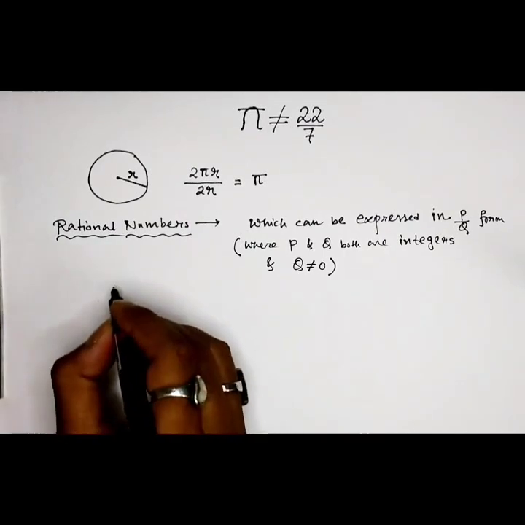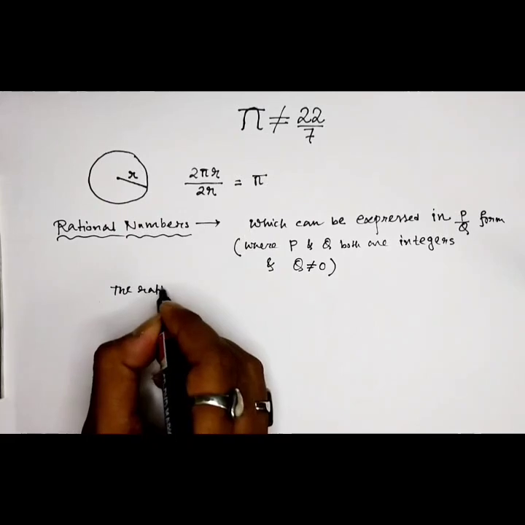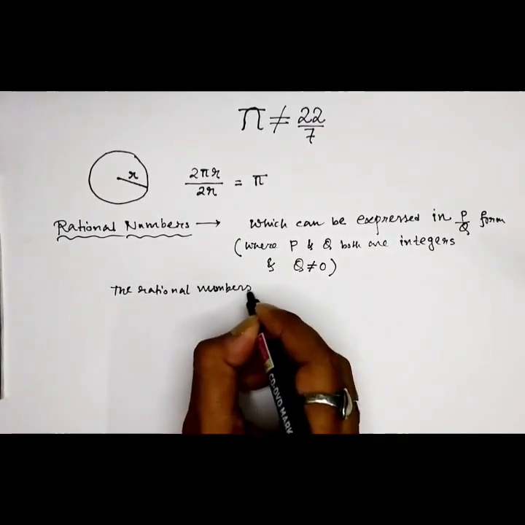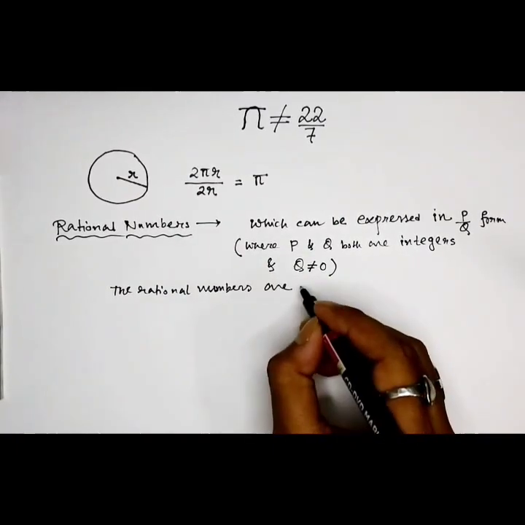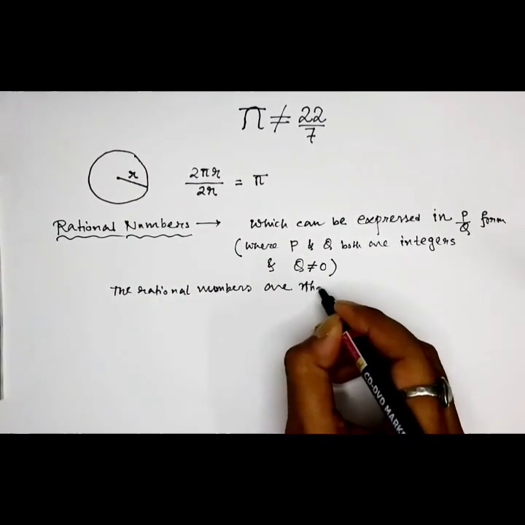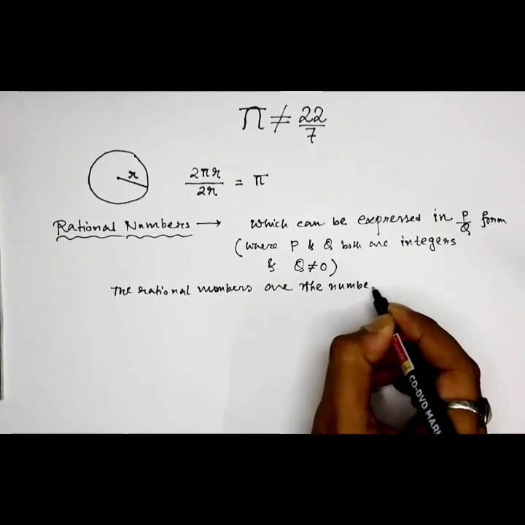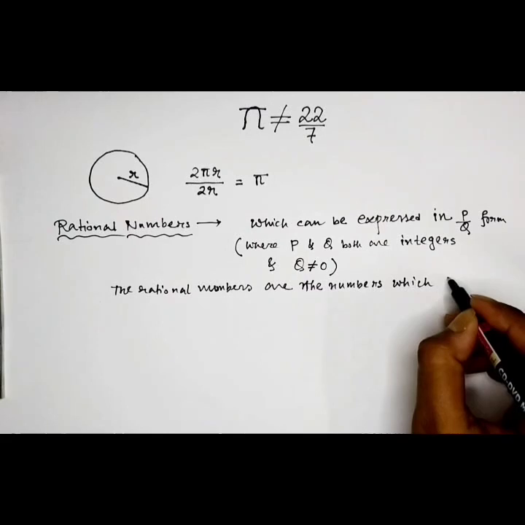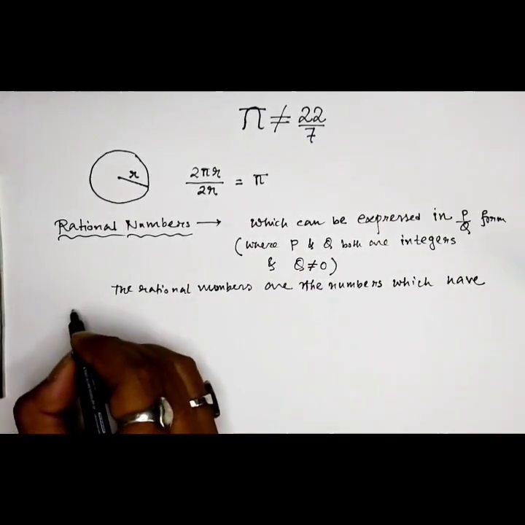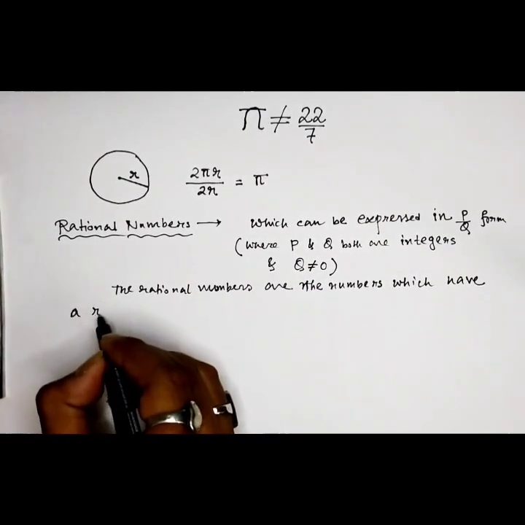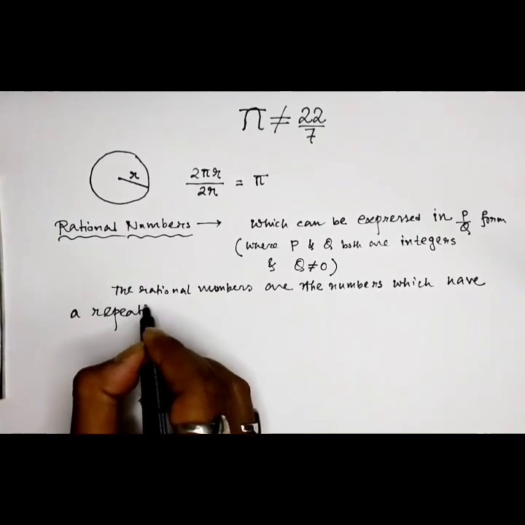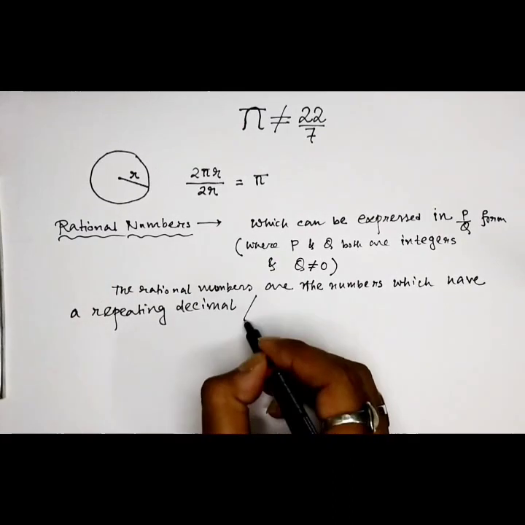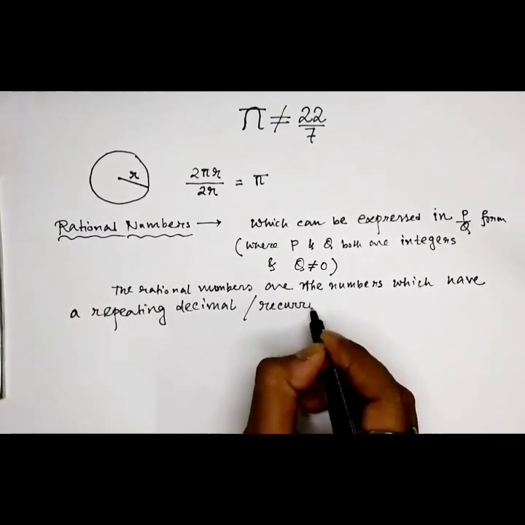The rational numbers are the numbers which have repeating decimal values or recurring decimal.